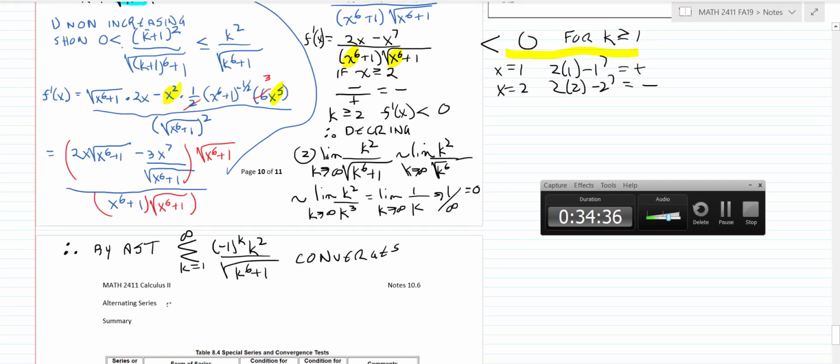Since the original series, the absolute value, diverges, and a sub k converges, that's what verifies that we have conditional convergence. So we could say, therefore, the series converges conditionally.